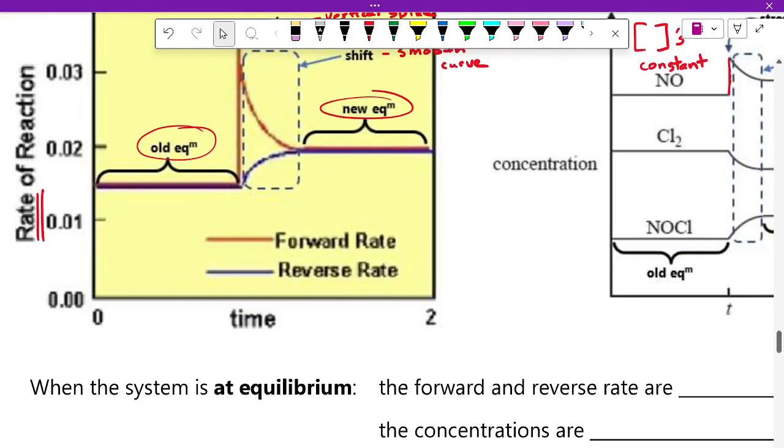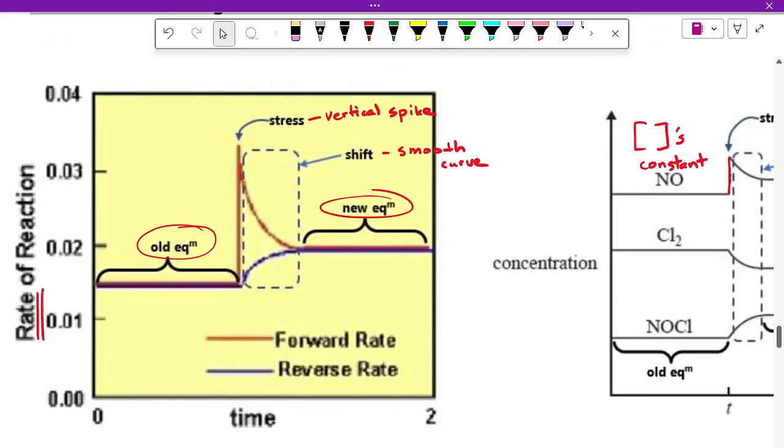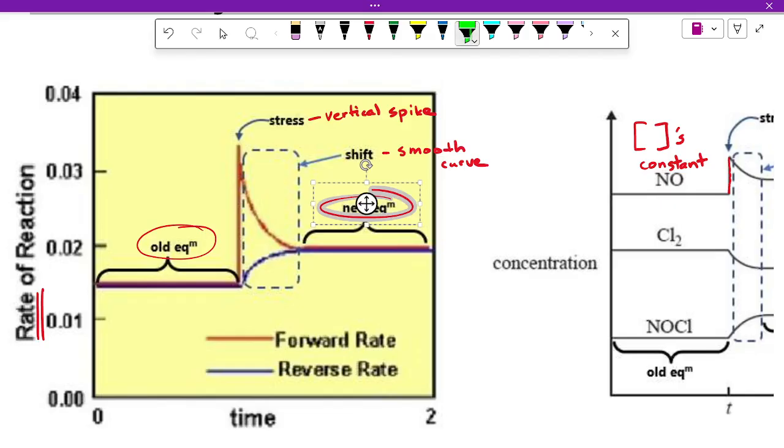Yes. For the rate diagram, for the shift, we have two curves, right? The red one and the other. Which one is the shift that is the response? Both of those are the shift. The shift brings us, well, the forward rate decreases, the reverse rate increases.